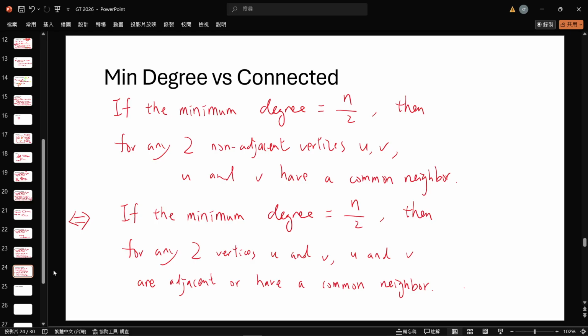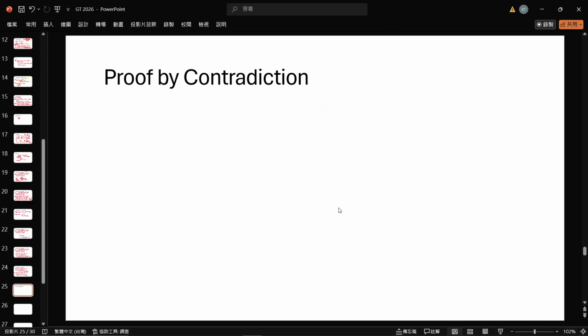So what's the negation? Negation is like the statement, but it's wrong. So what's the negation of this statement? If P, then Q. 若 P 则 Q，如果是错的，那代表什么事？Okay, let me give you a few choices.